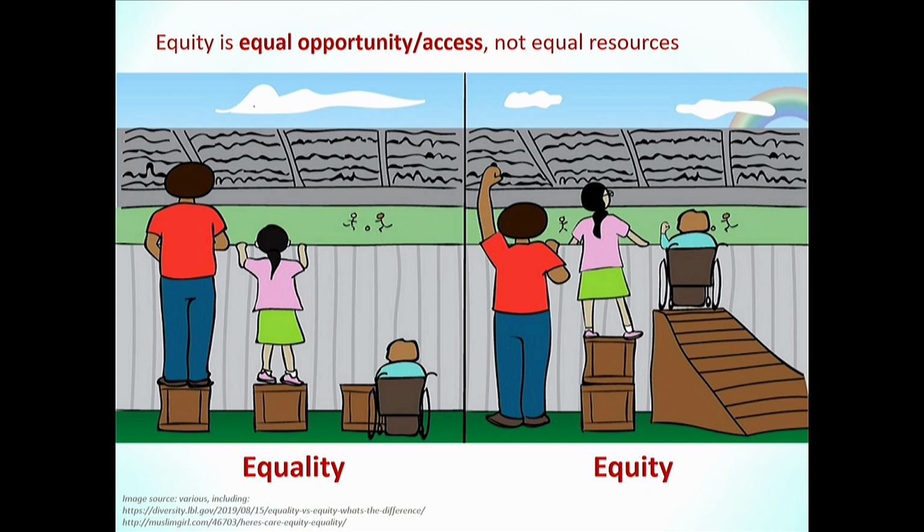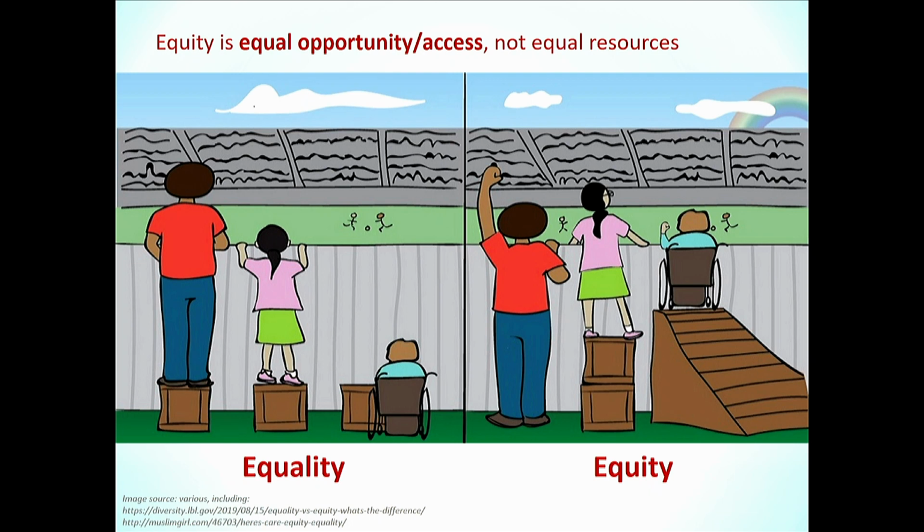So a little bit about equality and equity before we move on. In sciences, a lot of us scientists tend to think that striving for equality is what we need to do, but here's a cartoon that is fairly popular in the US that sort of explains that equity is about equal opportunity and equal access, and that's not the same as equal resources.